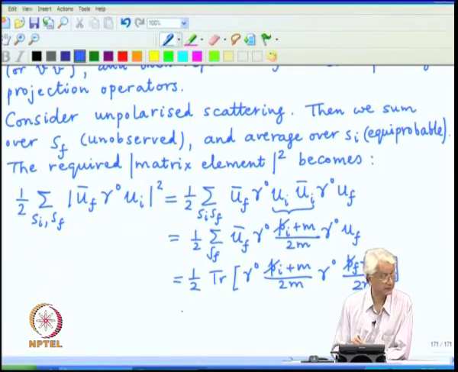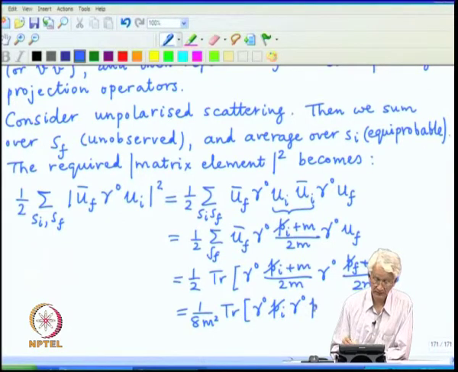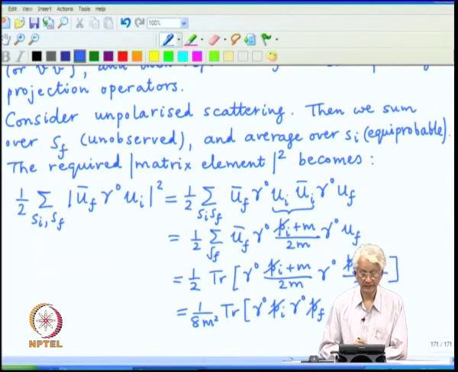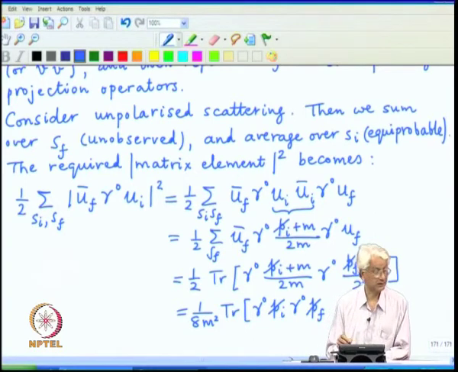So, we can just remove all the terms which have an odd number of gamma matrices inside it. So, there is one term which has all the 4 gamma matrices, and there is another one which has just 2 gamma matrices.